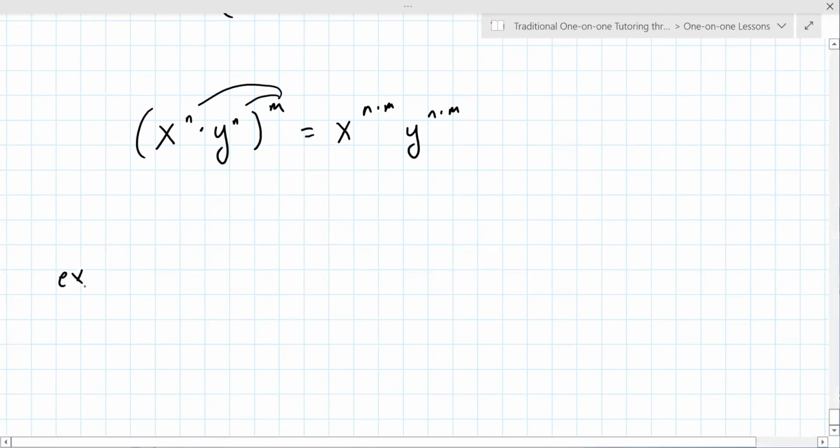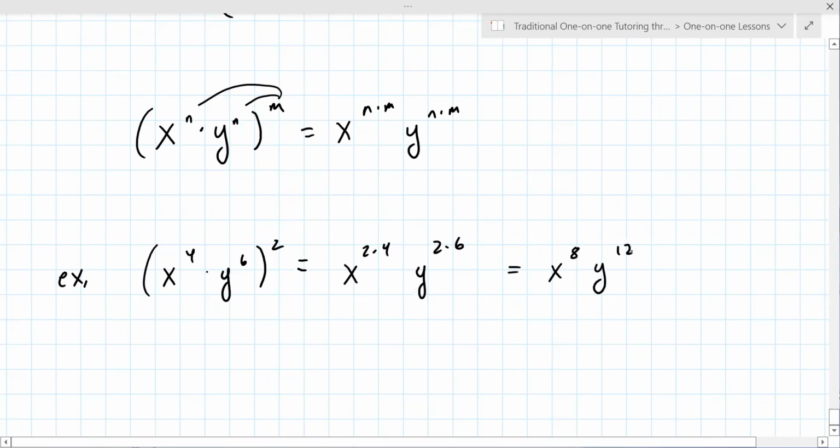The example I'll give you here is x to the 4th, y to the 6th, to the power of 2. You multiply the exponents. It's 2 times 4, 2 times 6, x to the 8th, y to the 12th. Of course, your problems are going to be more difficult than this, but this is generally the idea here.